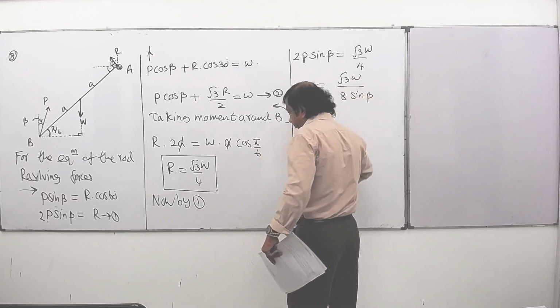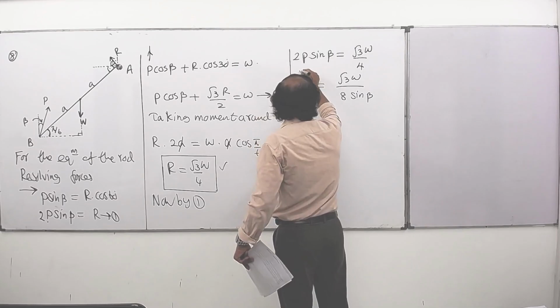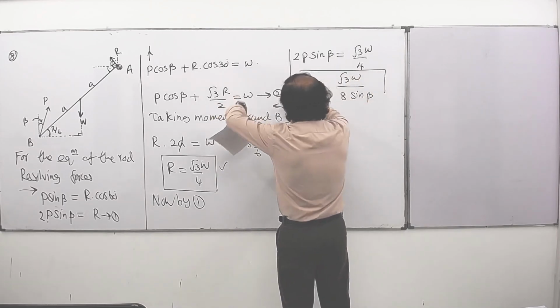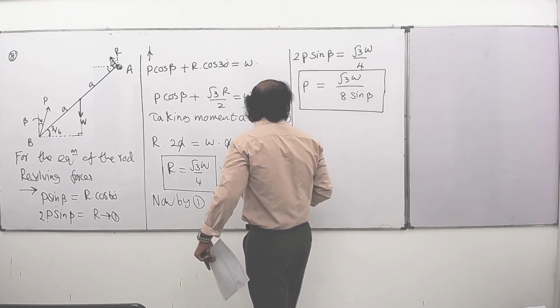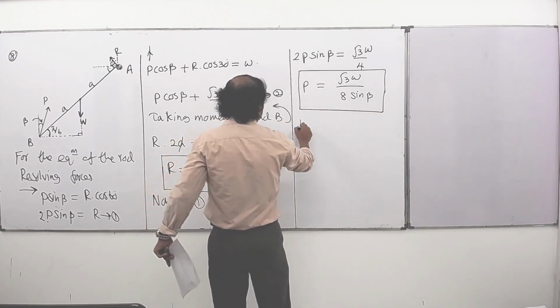Now this P value and this R value, both we substitute in number 2.